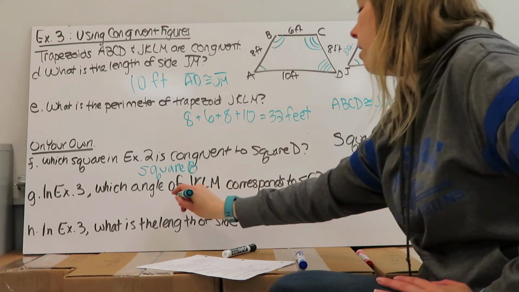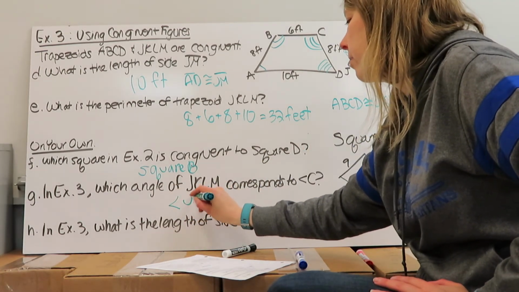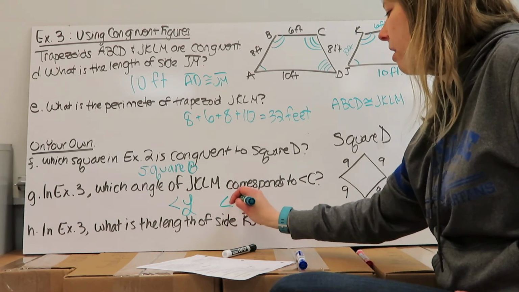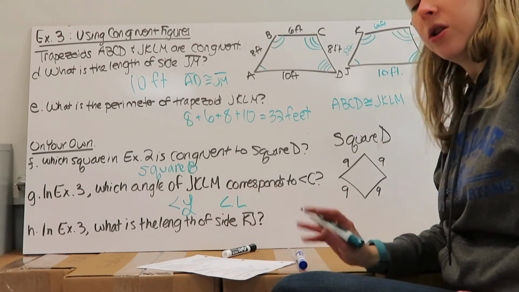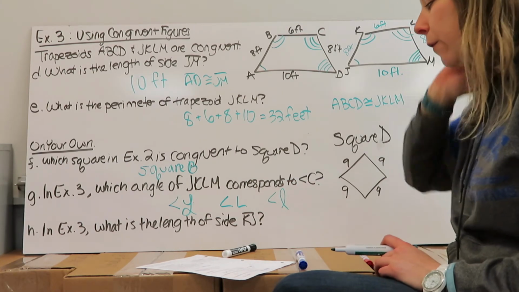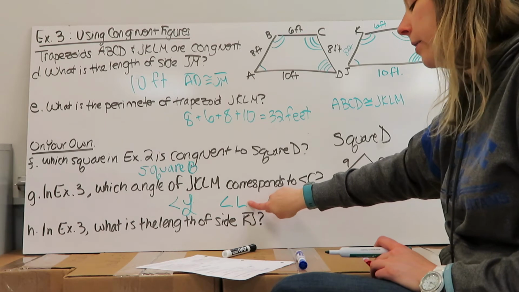That's going to be angle L. I like to make a fancier L so in that way it doesn't look like angle L. Those look somewhat similar, or you could do angle L like that. Just be careful. You're more than welcome to write it this way. Just make sure I can tell the difference.